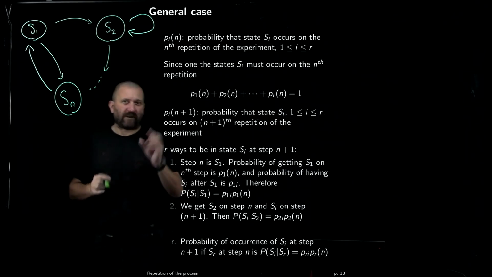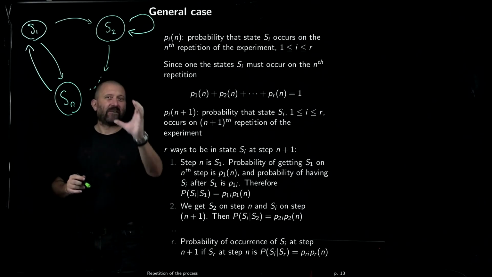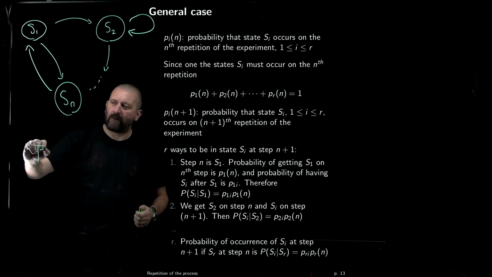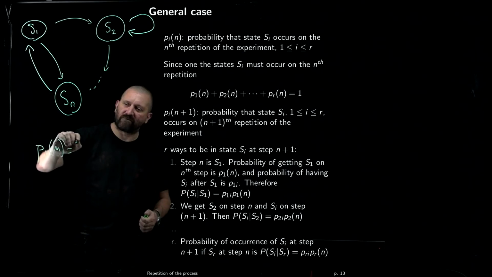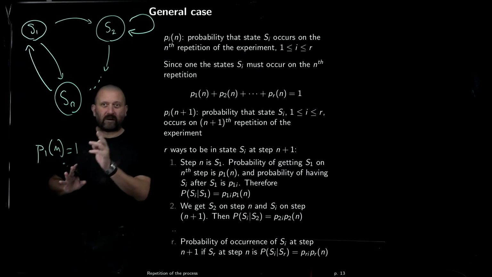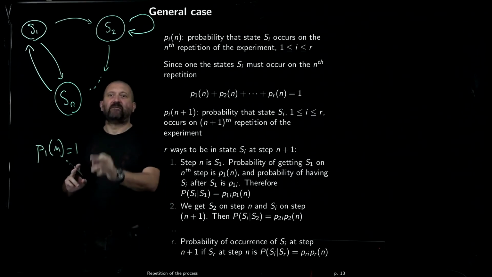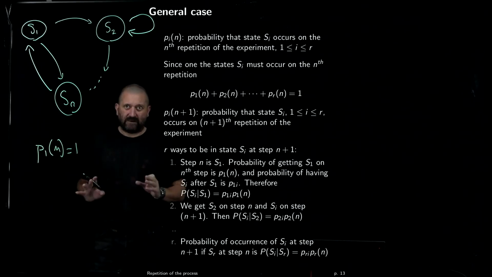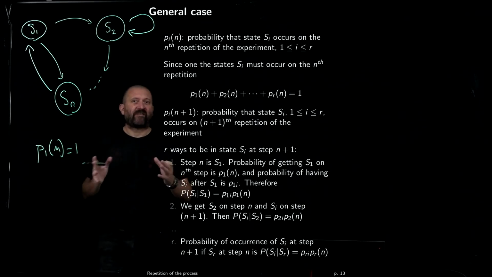If I want to be sure that my system is in a given state at a given instant in time, I could, for instance, say that P1 of n equals 1. What I'm saying is that with probability 1, the system is in state 1 at time n. But in practice, we don't necessarily know.